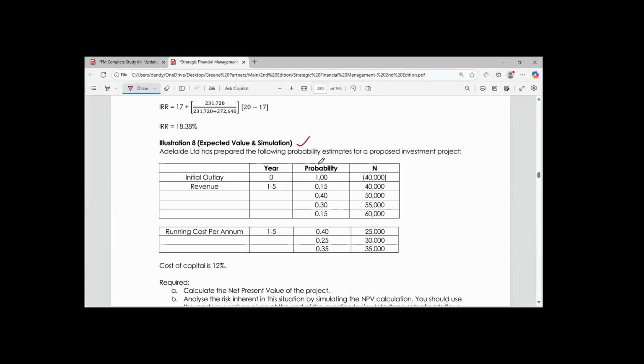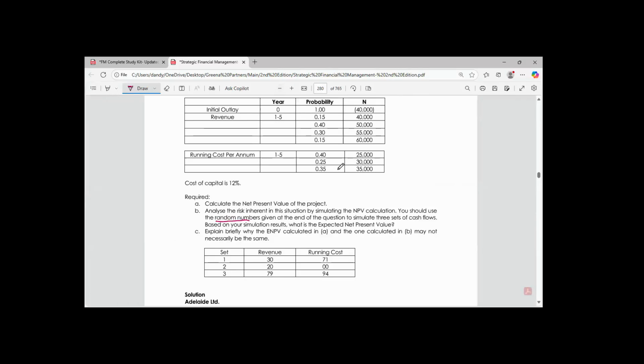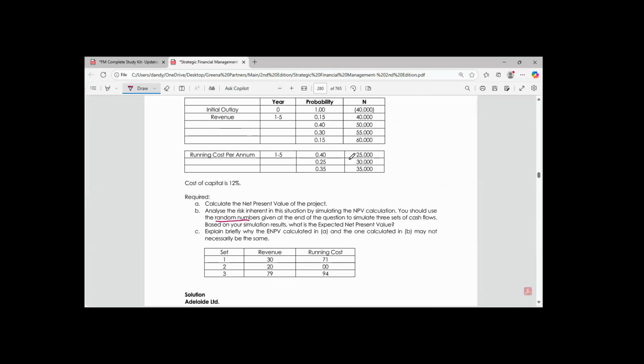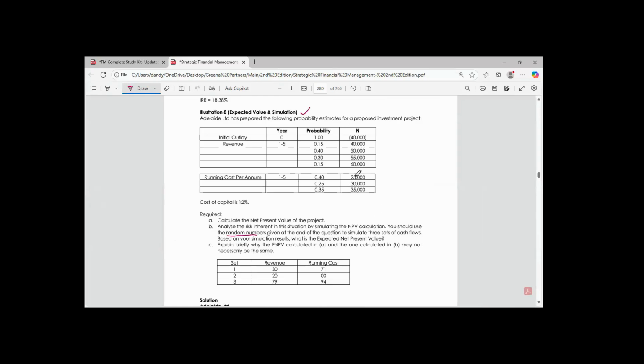Let me reduce further so that I can share everything once and for all.